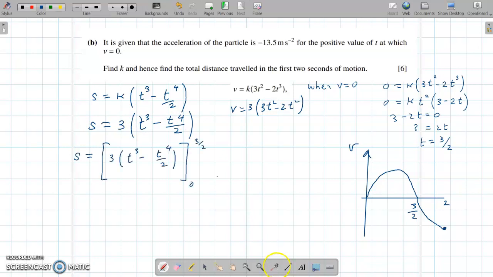This area, or this displacement, is the integral of this curve between 3 over 2 and 0. We also want this area positively, so we subtract the integral of that same function between 2 and 3 over 2.